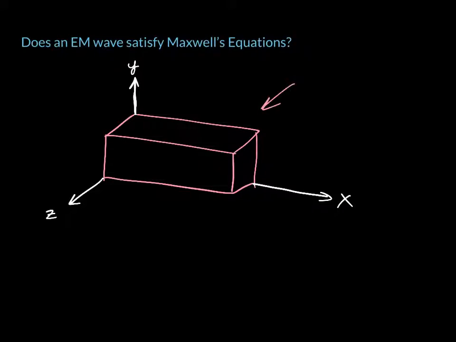So this Gaussian box, and what we can do is we will put some electric field and some magnetic field waves that are traveling along this x-axis.